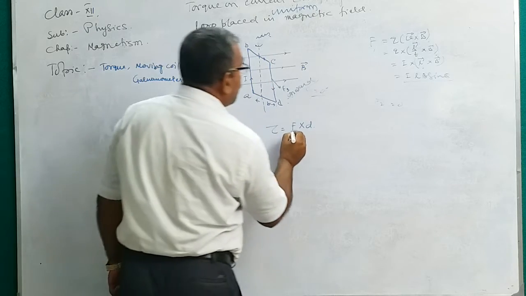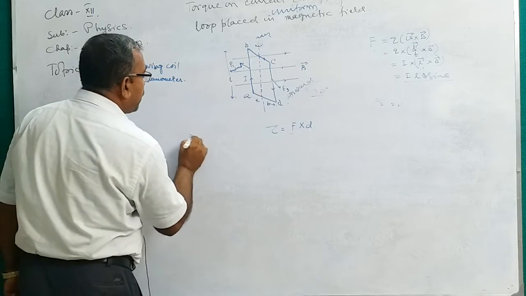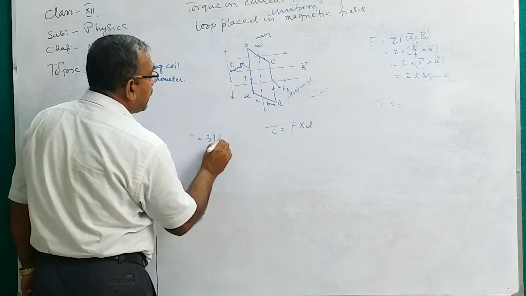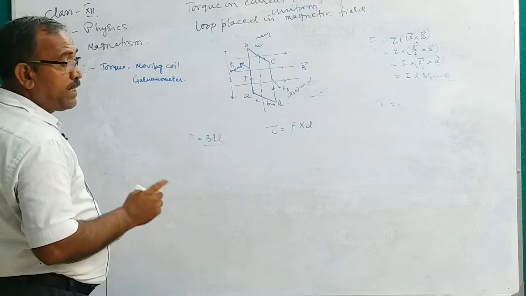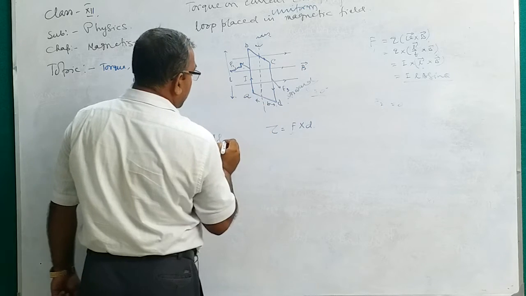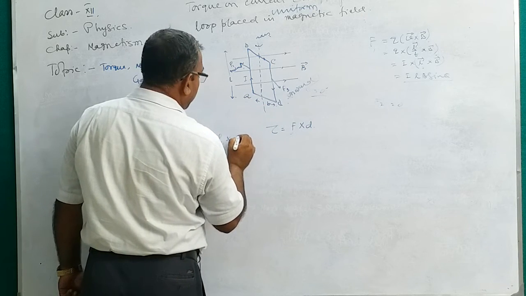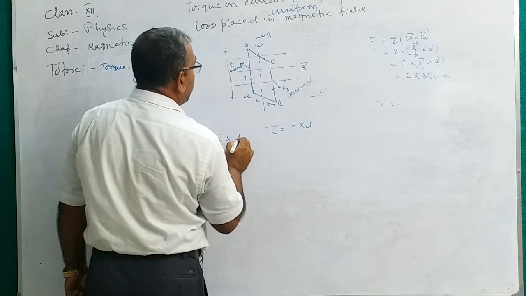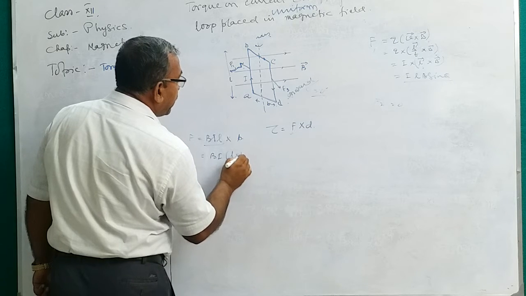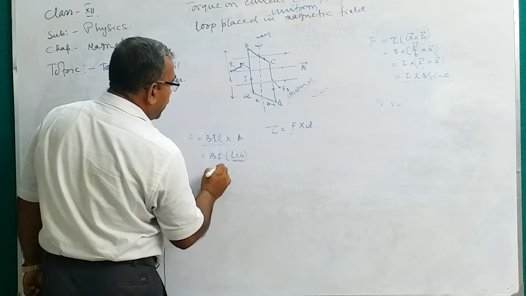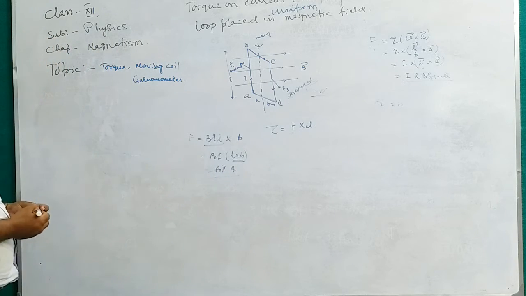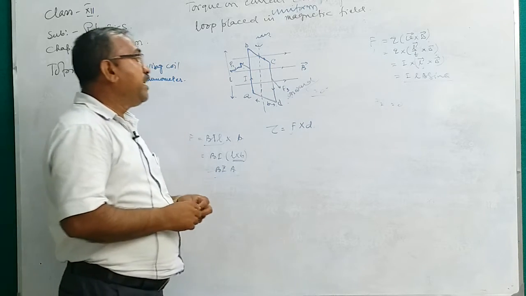What is the value of force? F equals B into I into L, and this is the lever side. So B into I into L into B, where L into B is the area of the rectangular loop. So B into I into A.